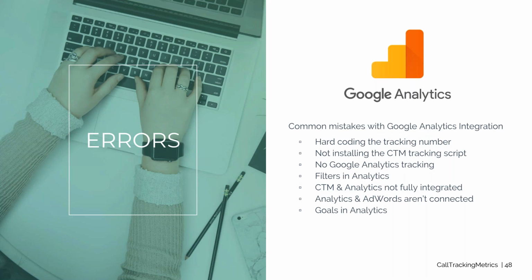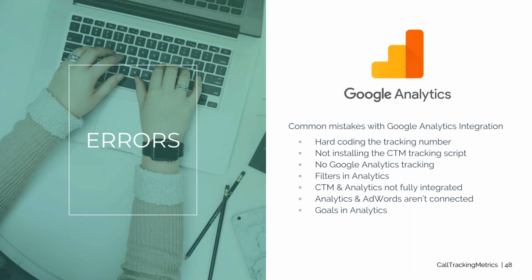If you have filters inside of Analytics, that can prevent our call data from entering into that view. If CTM and Analytics aren't fully integrated, that can corrupt the data, and that's referencing the email address connecting the two.